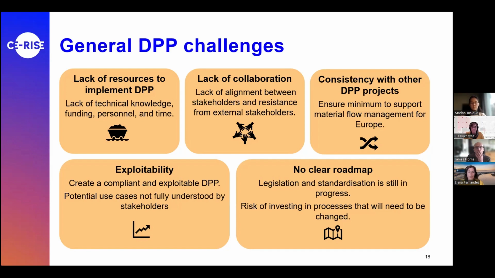They think that there is a lack of consistency between digital passport projects, and they would want to ensure a minimum consistency between the projects to support material flow management in Europe. And they also think that the exploitability is a big challenge.